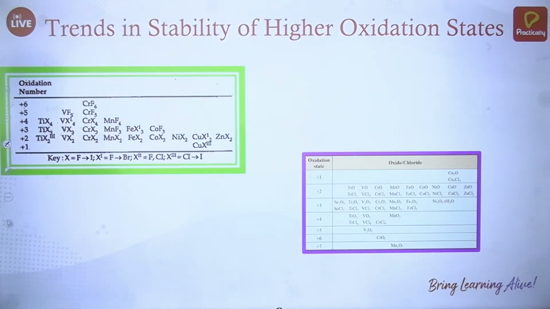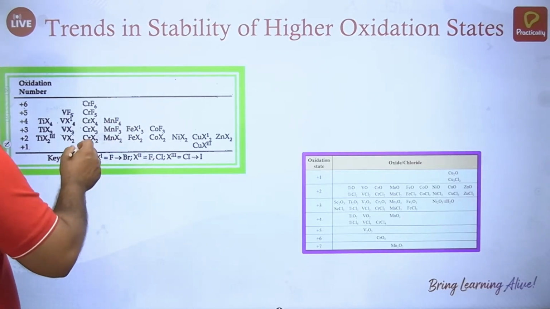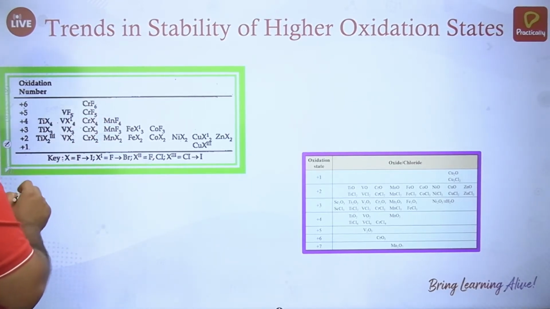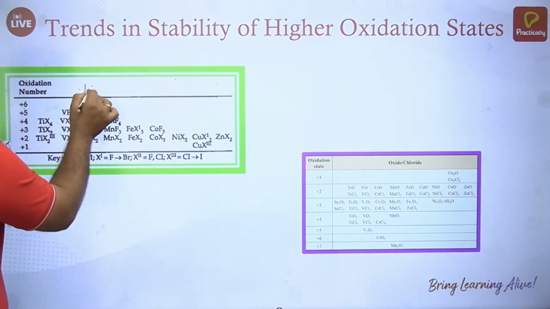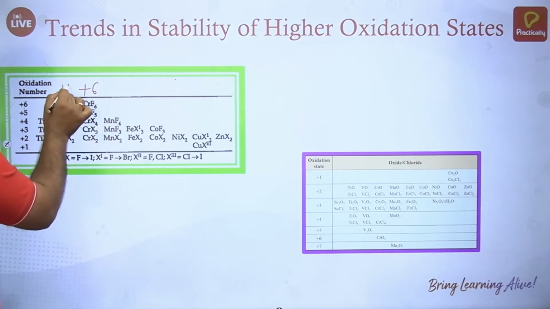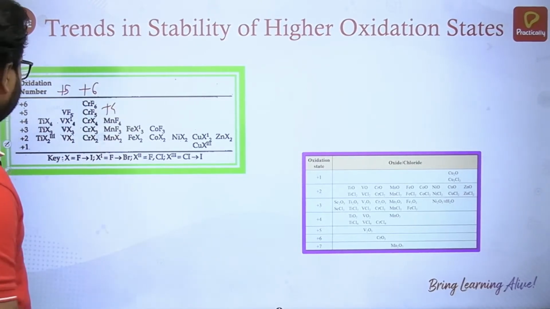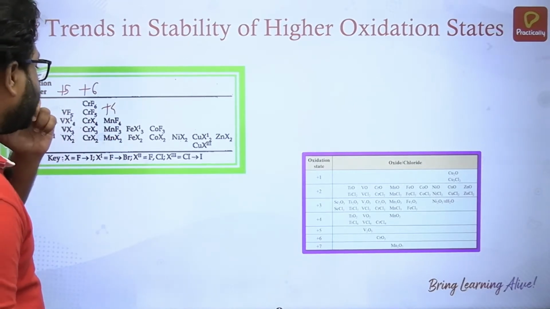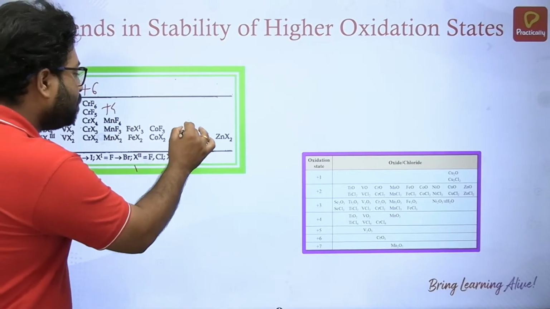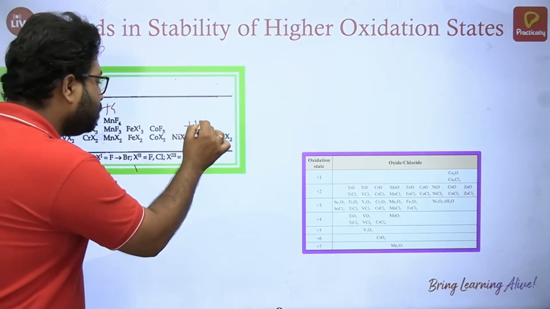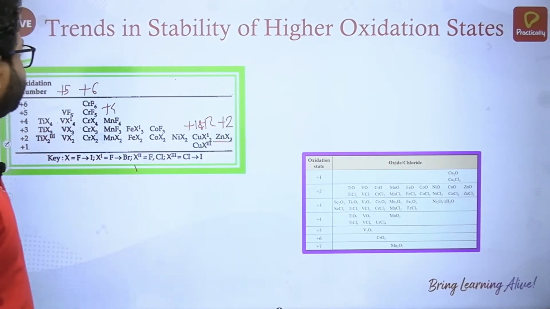So you can see here, fluorine can push a maximum oxidation state of +6 for chromium, +5 for vanadium, +4 for manganese, +2, +3 for iron, cobalt also +2, +3, nickel is +2, copper is only +1 and +2, zinc is also +2, right?